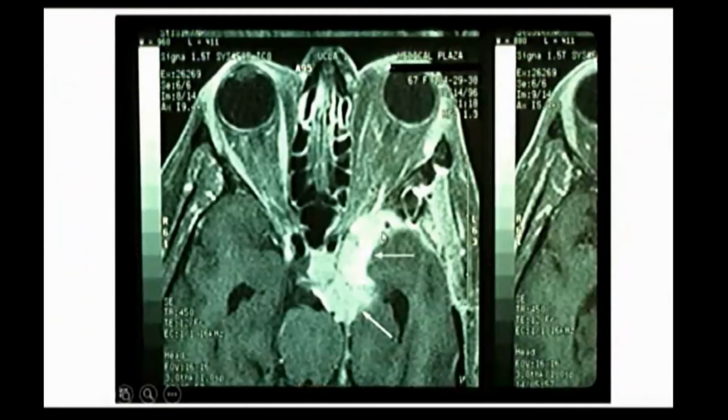Explain what you see. This is the first question. What is your differential diagnosis? What is the MRI finding that you see in this picture? And why is this not a myasthenia gravis patient?